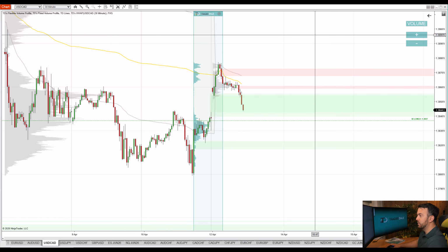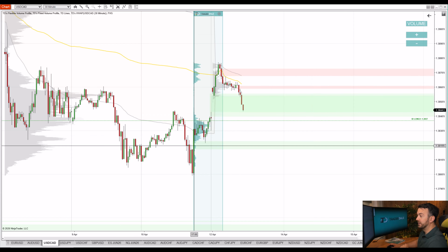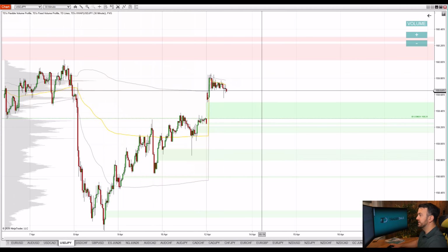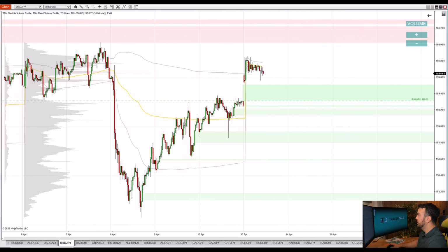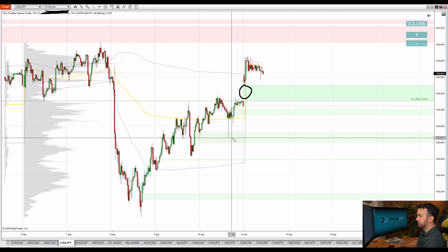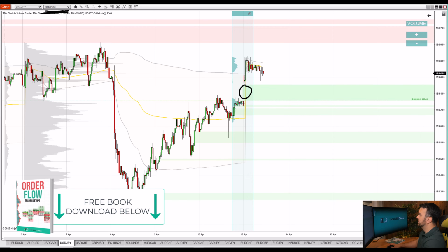It's rather simple and quite effective. And let me show you how this looks on the US dollar Japanese yen, because in here we also have the same scenario. Again, we have a 30-minute chart, and we have this opening gap. Behind the gap there needs to be a heavy volume zone, which there is right here, this volume cluster.